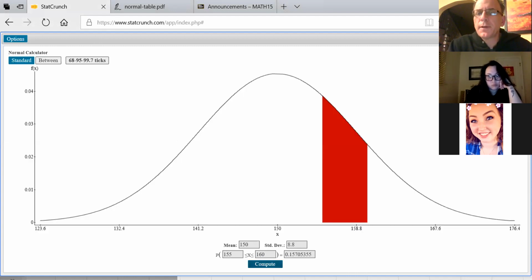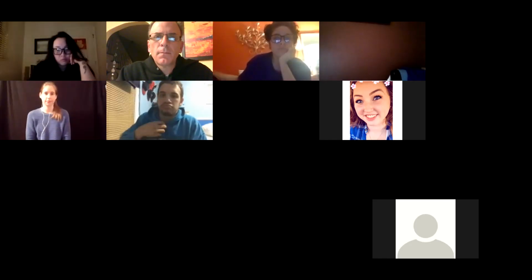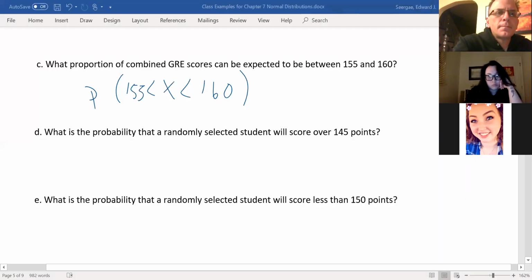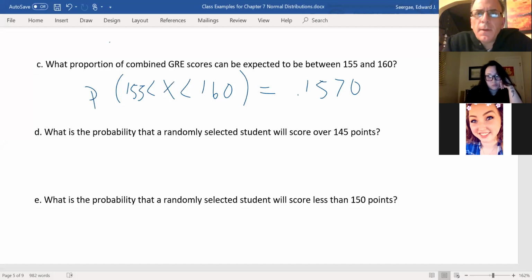We're going to hit compute, and notice again, now it's going to find the area between 155 and 160, and we're going to find that area is 0.1570, okay, or 15.7%. Cool. So 15.7% of all GRE scores are going to be between 155 and 160.